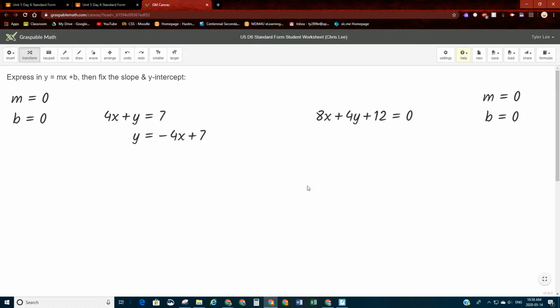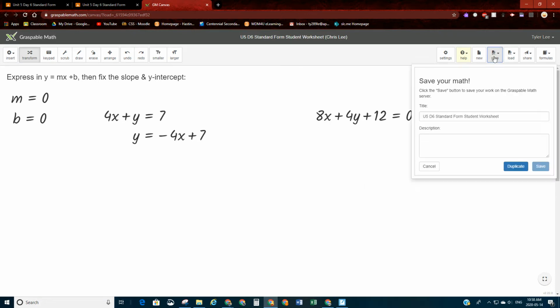And when you're done making all your things, you need to save this. Okay? It is important that you know after you're done rearranging, you must save. If you try and share it with me right now, it will share a blank screen because you haven't saved your work. So you're first going to go off and push save. It won't allow you to overwrite my worksheet, so it's got my name on it, but you're just going to push duplicate.